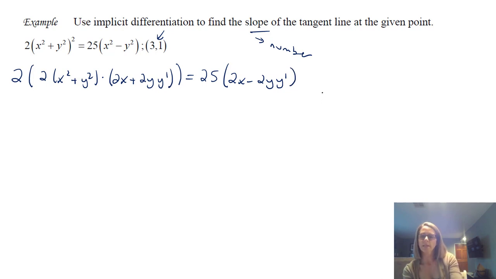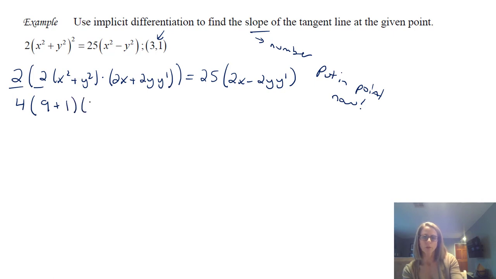So my point is that now we can put in that point. We don't need to spend a ton of time solving this for y prime right now. We can just do it when we have numbers, which will be easier. So we're going to have 4 times, so that's 2 times 2, and then I'm going to plug in my value. So x squared now becomes 3 squared, which is 9, and y is 1, and so y squared is 1.